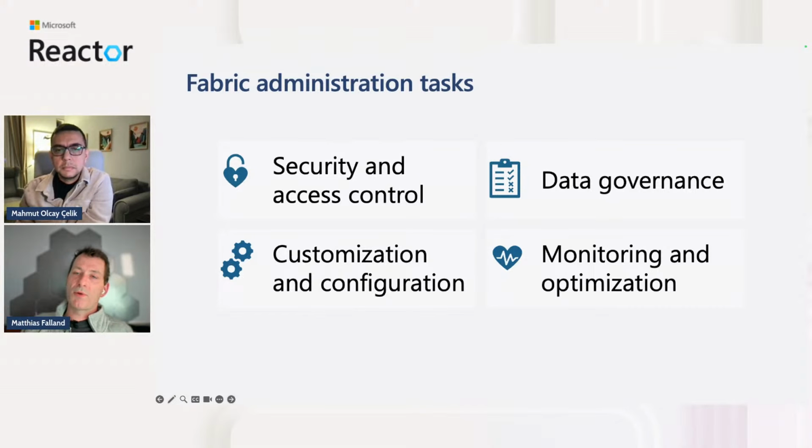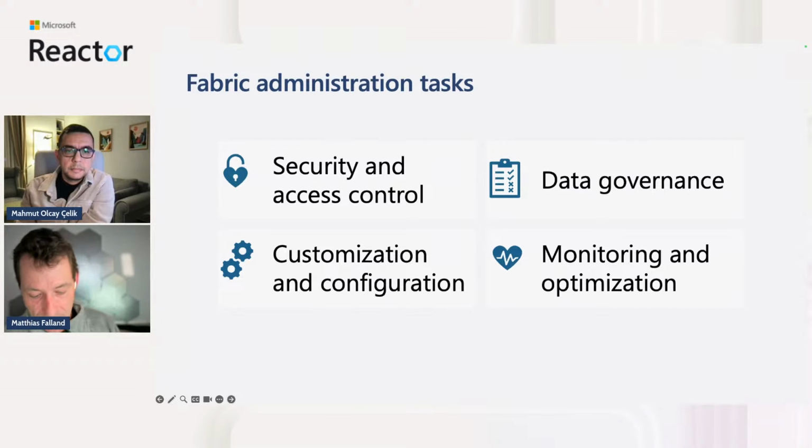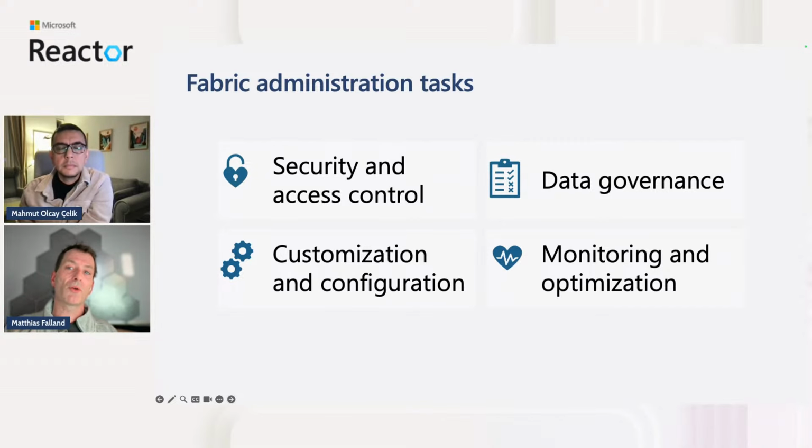And of course, all the monitoring and performance optimization. This is very, very important when you have growing workloads, which is the standard situation when you start using Fabric. We will get more workloads, of course, and then you need to poke around with your capacity.